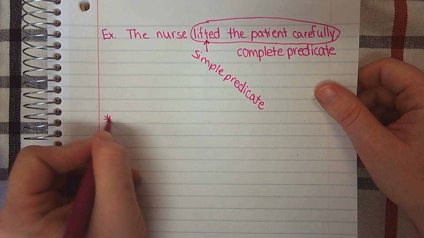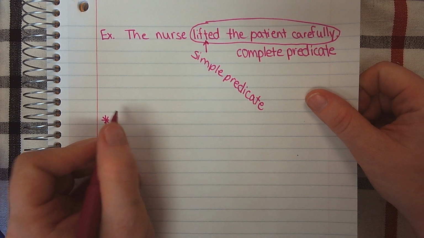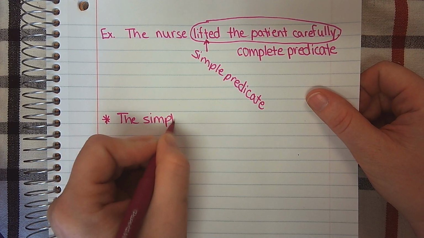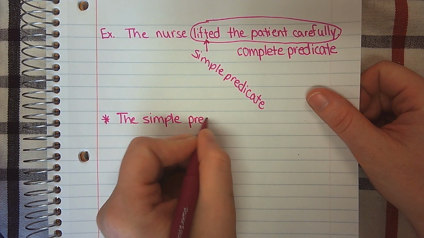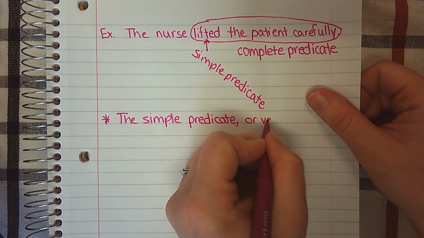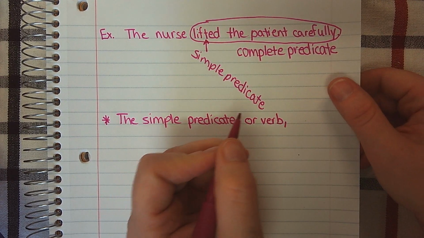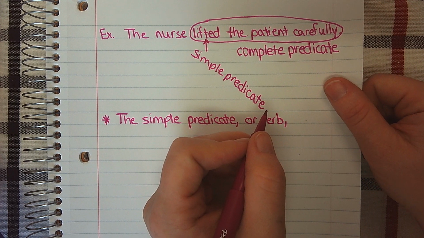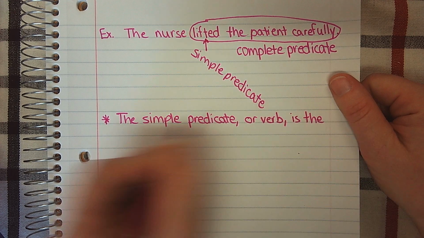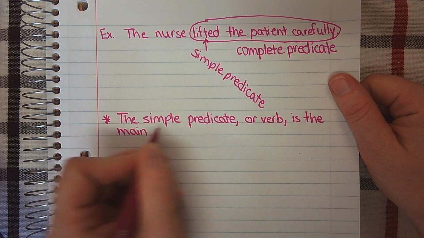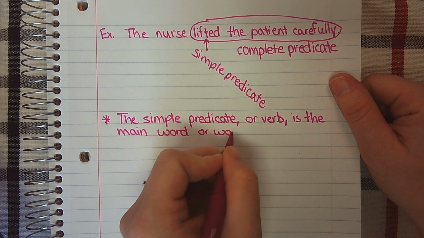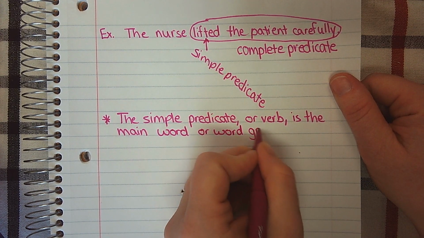Do a little star here. Let's define a simple predicate. This simple predicate or verb is the main word or word group in the complete predicate, meaning it can be more than one word.